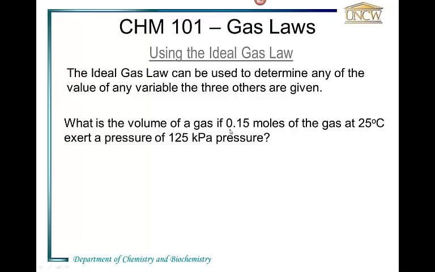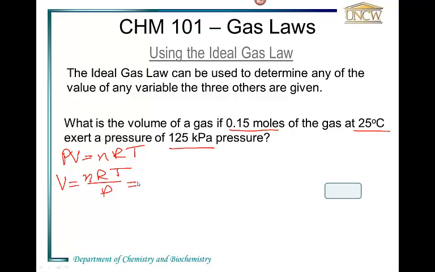We have our 3 parameters, moles, temperature, and pressure. Remember, the ideal gas equation is PV equals nRT, so V must be nRT over P. We need n in moles, 0.15 moles.